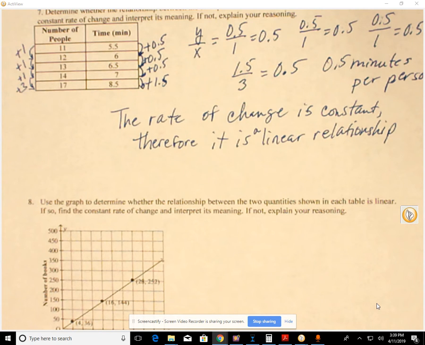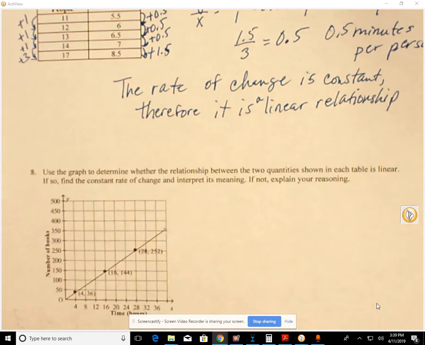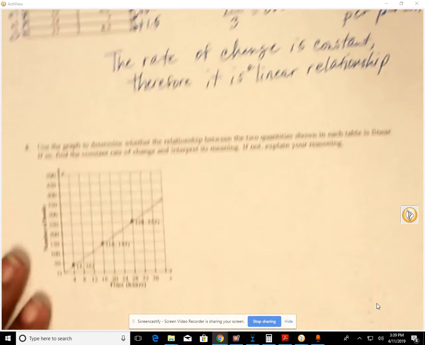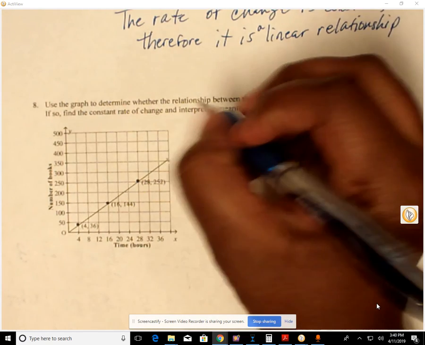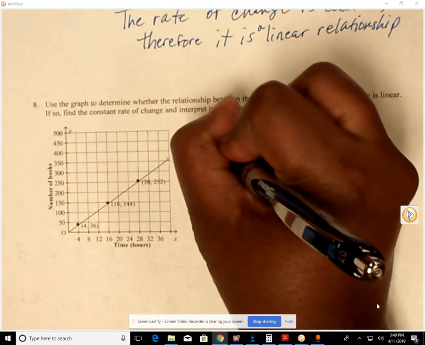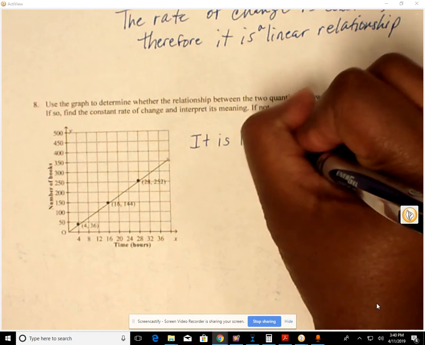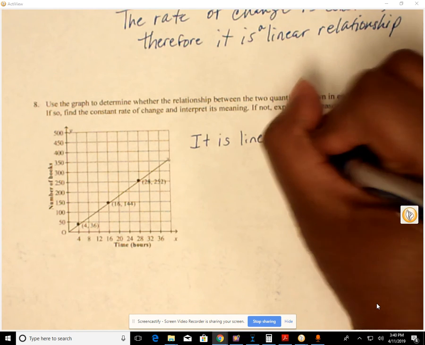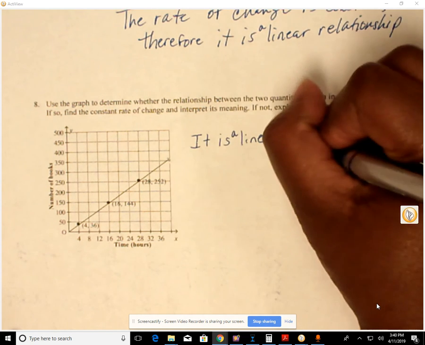So here, when we look at this graph, we can clearly see that it is a straight line. So all my students know all straight lines are linear. So we're going to write it is linear, or it is a linear relationship.